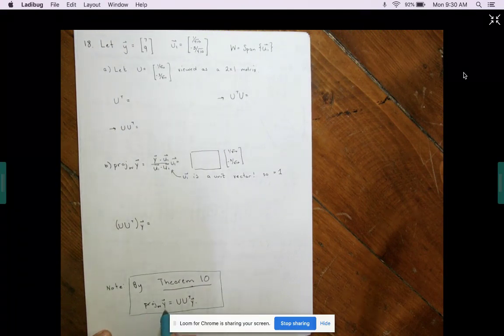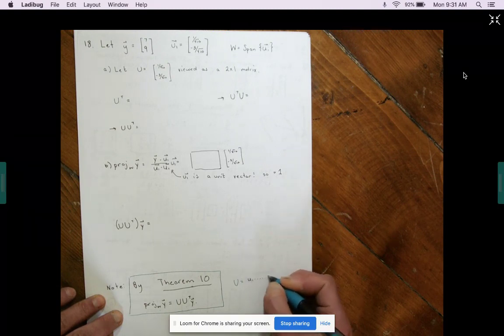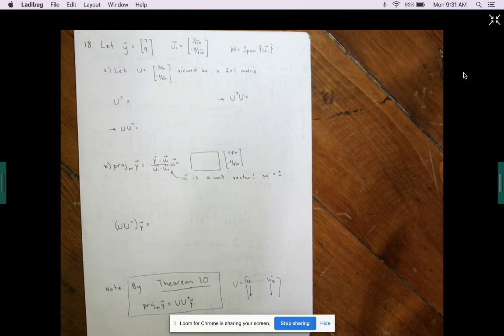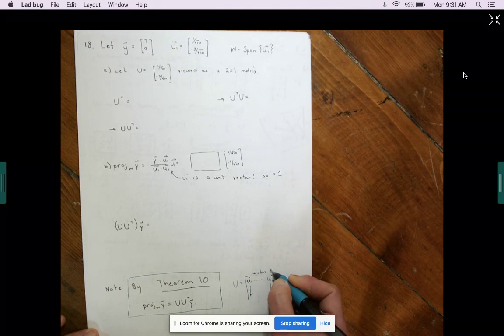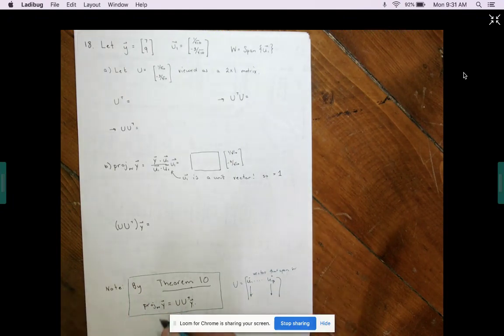Theorem 10 says that the projection of y onto W is U times U transpose times y, where U equals the matrix with a spanning set for W. So if I make a matrix of all of the vectors that span W, and then I take U with U transpose, that's the same as calculating the orthogonal projection of y onto W.